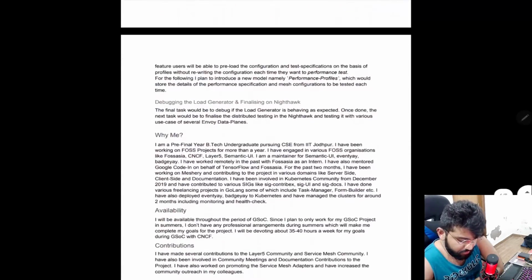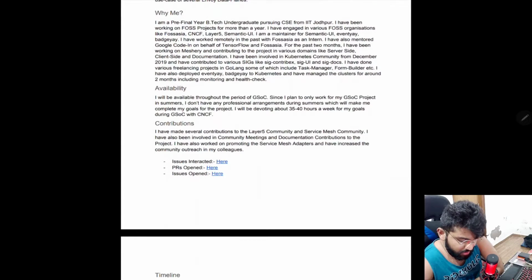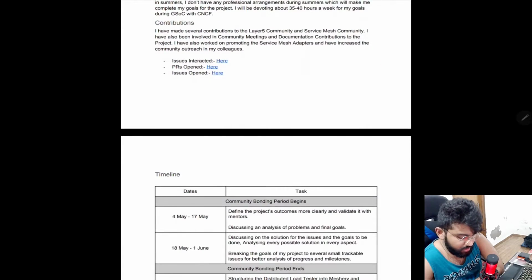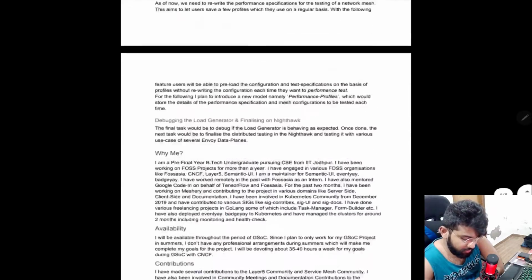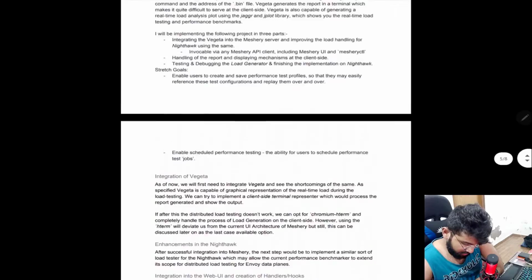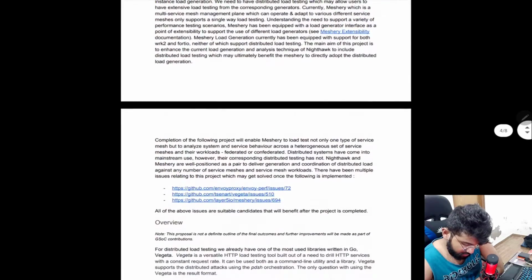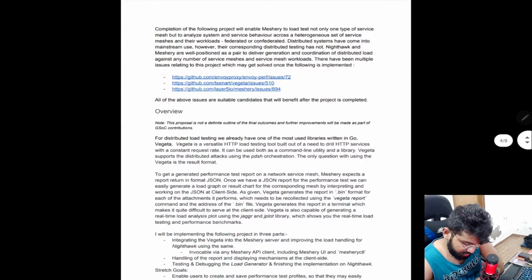Now he has mentioned the things in the same pattern he did for the other proposal. Why me and availability at the start, contribution at the start, then he describes his timeline and community outreach. That's it. So he has described the problem statements that he will be working on, I guess, in the overview section.